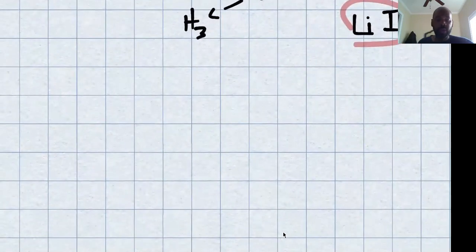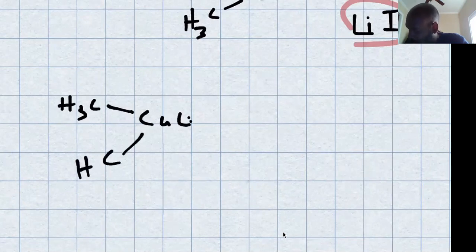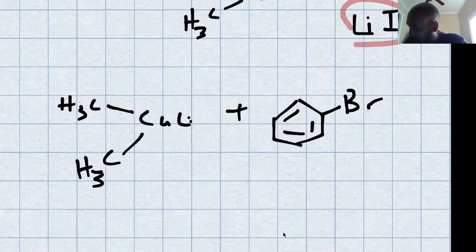To use a Gilman reagent in a coupling, it's the same concept that we talked about when we used the Grignard. So I'm going to take that same Gilman and react it with that. I want you to understand a couple things.